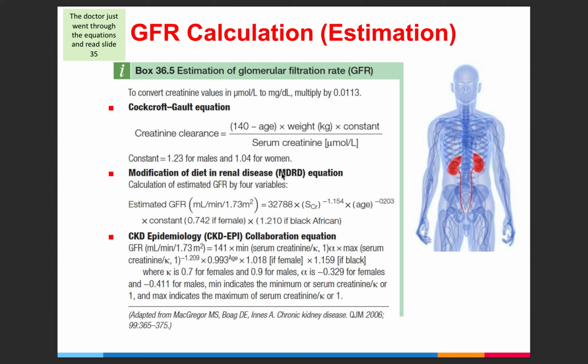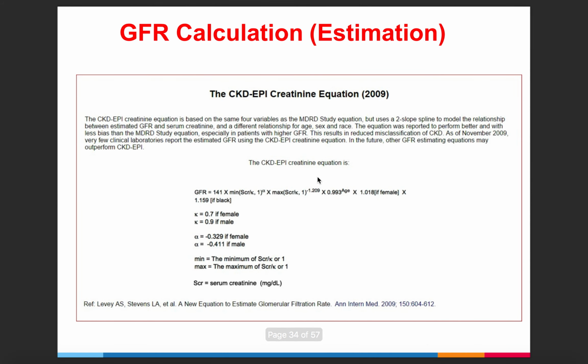We actually use this MDRD. In real life, we just write MDRD in Google, and this will give us a chart. You just put in the information about the age, ethnicity, weight, and creatinine number that the patient has, and it will give you an estimated GFR for the patient.